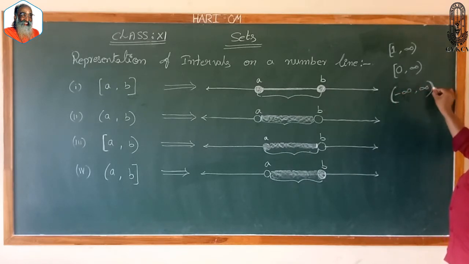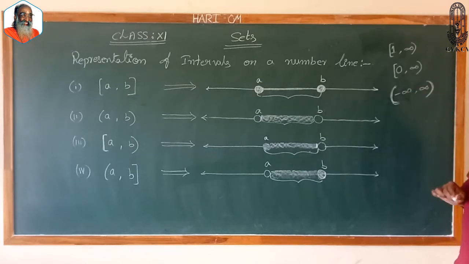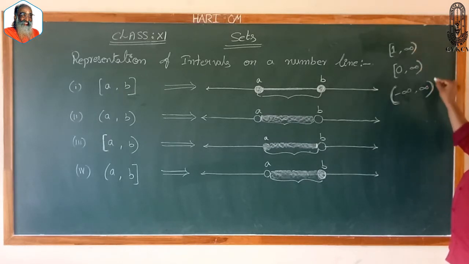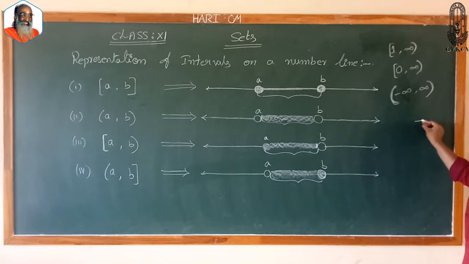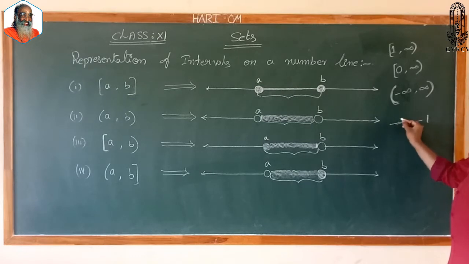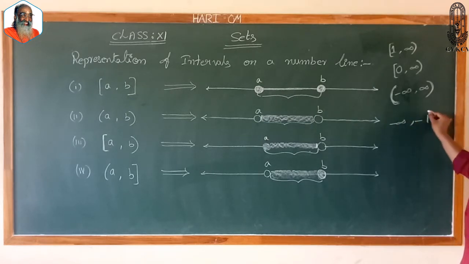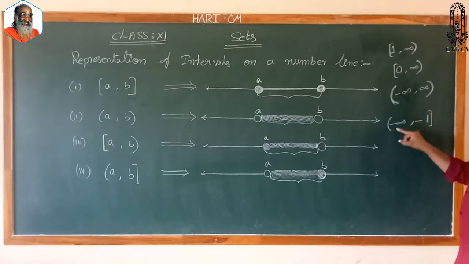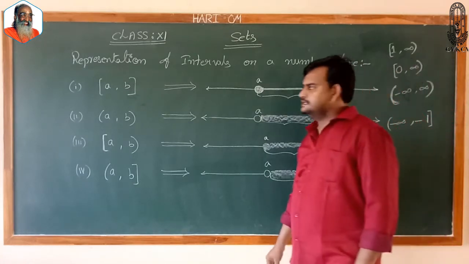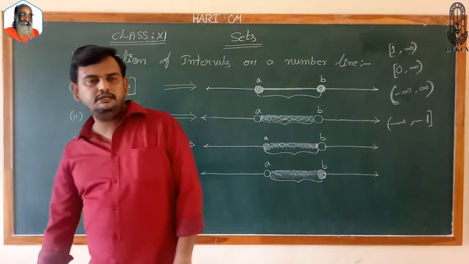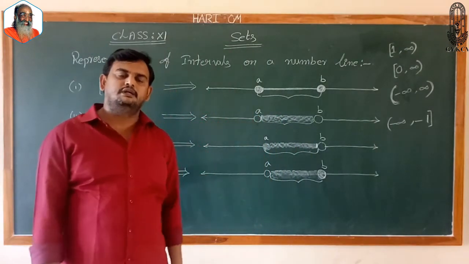Both sides we have to use open intervals, because infinity is not an exact value. Negative integers start from -1 and go to minus infinity. So open minus infinity to -1. This is the way to represent intervals.